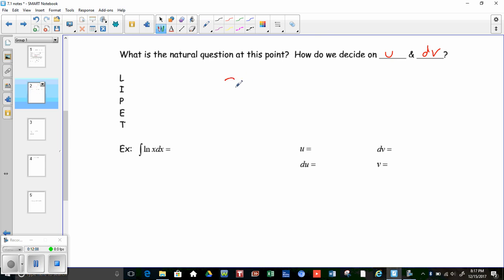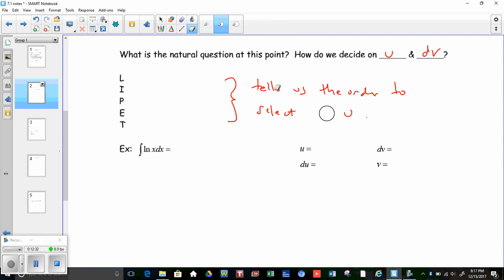So this acronym, and I'll write the pieces for it, this tells us the order to select our u. And again, I'll go with that when we hit this next problem. So this is the general order that we're going to select these things in.